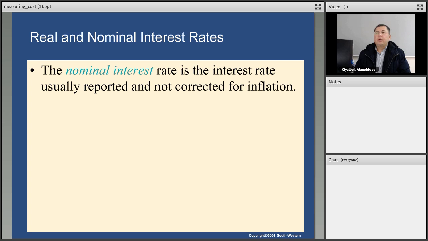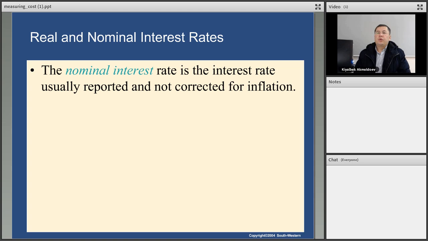So this $10 is the nominal interest rate, but it does not represent your real interest rate. Why? Because, for example, the same year when the bank is giving you an extra $10, inflation might increase to, let's say, 15%.